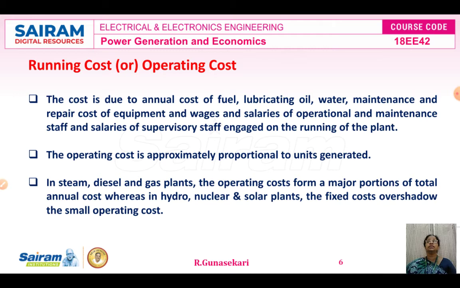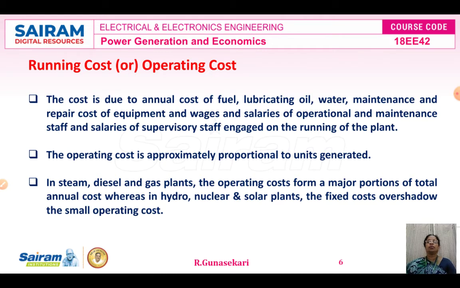The operating cost or the running cost of the power plant means the expenses which vary with the extent of operation or the amount of energy generated. The next, running cost and operating cost. The cost is due to the annual cost of fuel, lubricating oil, water, maintenance and repair cost of the equipment, wages and salaries of operational and maintenance staff, and the salaries of supervisory staff engaged in running the power plant.